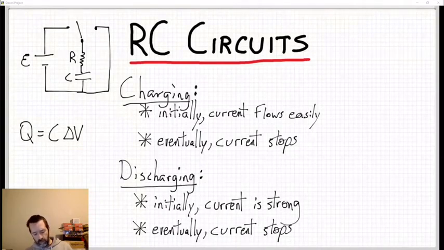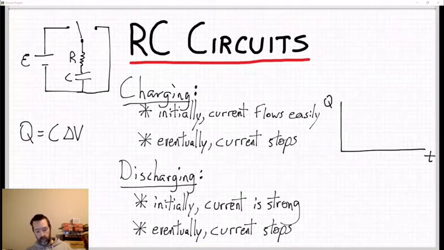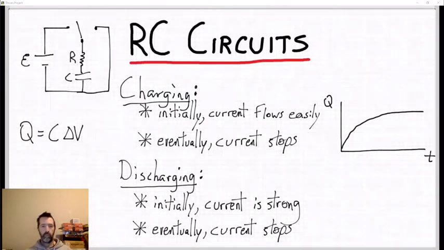So the basic idea, if I were going to sketch this as a graph, I'm going to make a graph of Q. When I'm charging the capacitor, I know that it starts at Q equals 0, and over time, Q is going to increase, but it's going to level off to some maximum value.